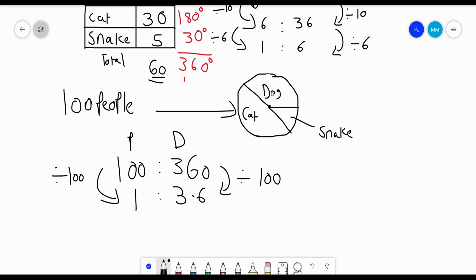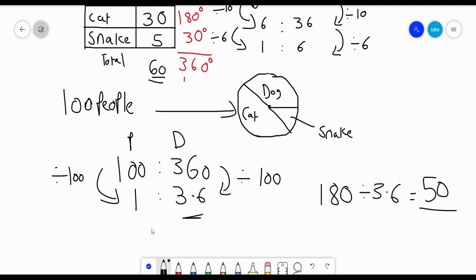So then you get your protractor out, you measure each section, and you divide each angle you measure by 3.6 to get the number of people. So for example, if this section was 180, you do 180 divided by 3.6, which, according to my calculator, would get me 50 people. So I know that cat is worth 50 for the purpose of this diagram, and so on.